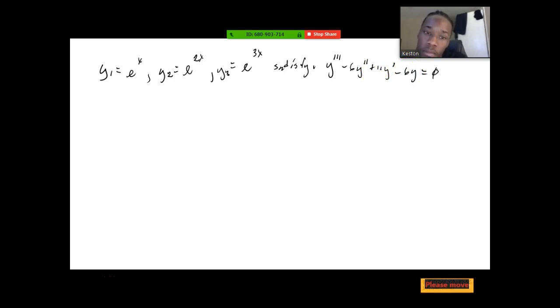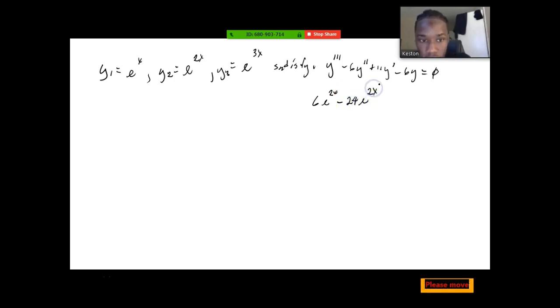Now, the next ones are a little bit more difficult. If y is e to the 2x, y prime is 2e to the 2x, y double prime is 4e to the 2x, and y triple prime would be 6e to the 2x. So let's see what we get here. 6e to the 2x minus 6 times 4, which is 24e to the 2x.